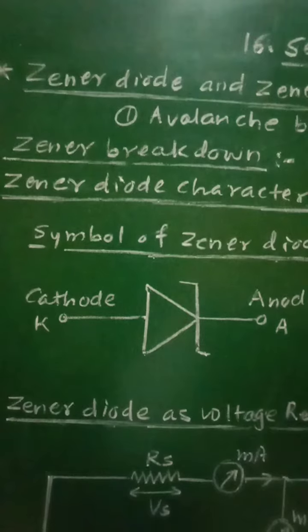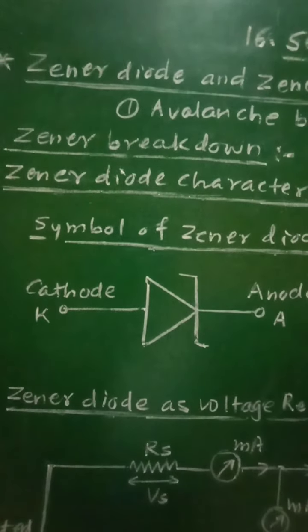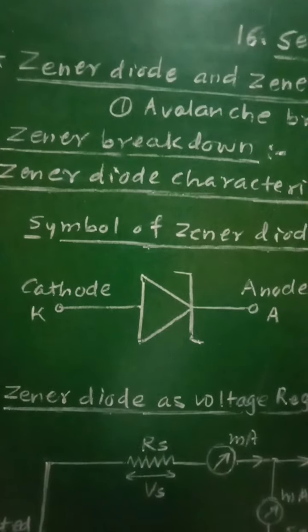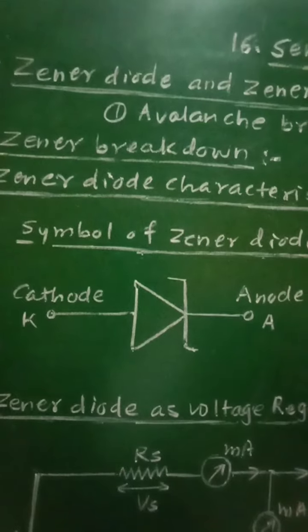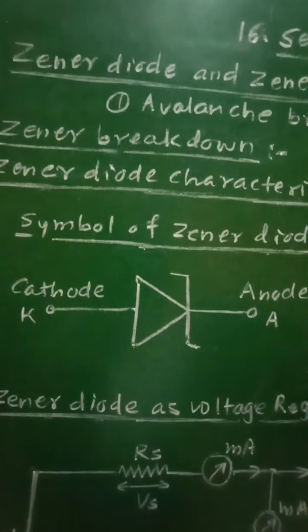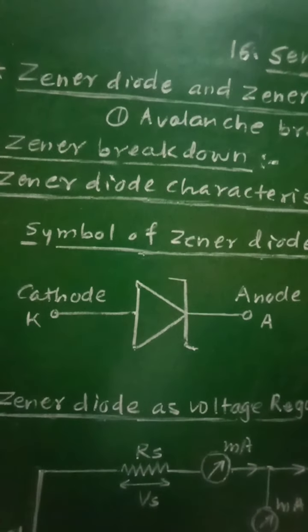Then Zener breakdown will occur. At that time, the Zener breakdown will occur in the diodes which are heavily doped and whose depletion layer is narrow.